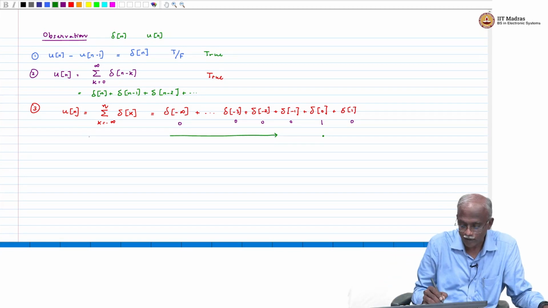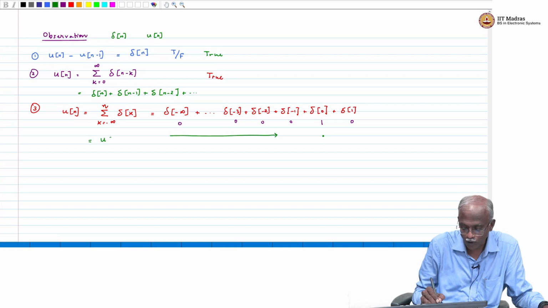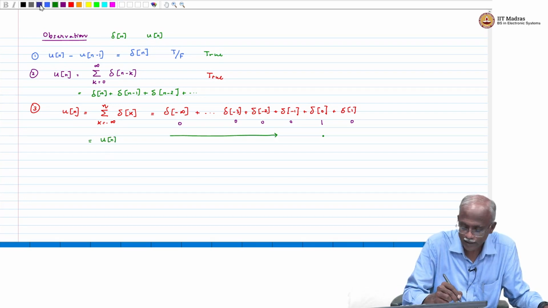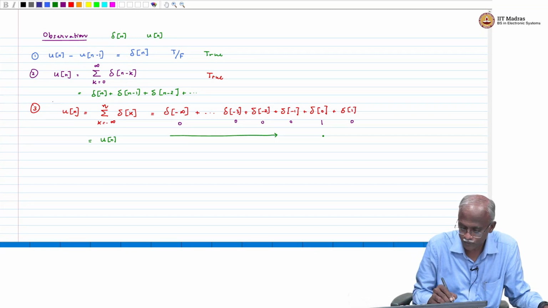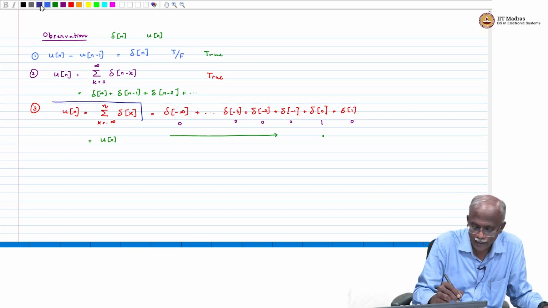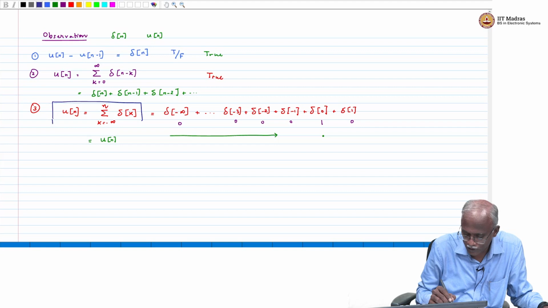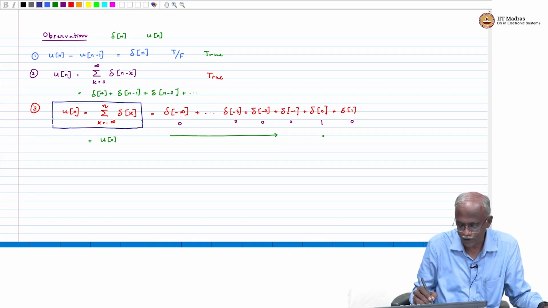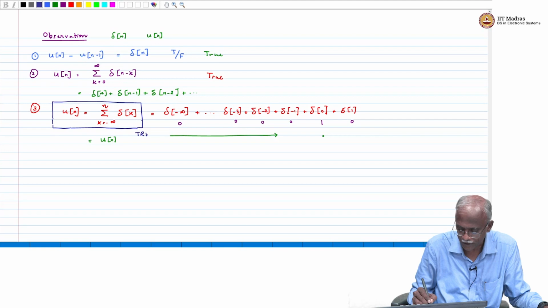So, this will be equal to u of n. This summation will be equal to u of n, and therefore, this statement also is true. You should always write down an expression, because looking at it, it may not seem obvious, but once you write it down, you will be able to make a reasonable assessment. So, this is a true statement.